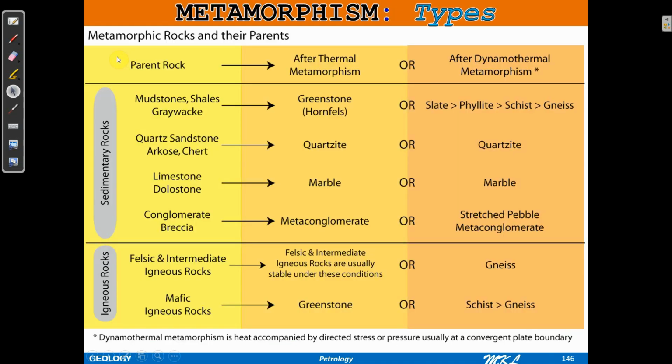Okay. Now after metamorphism, what happened? Shales generally convert into greenstone or hornfels. Quartz sandstone, this is important, write this down. So quartz sandstone is metamorphosed into quartzite. Sandstone metamorphosed into quartzite. Limestone metamorphosed into marble.